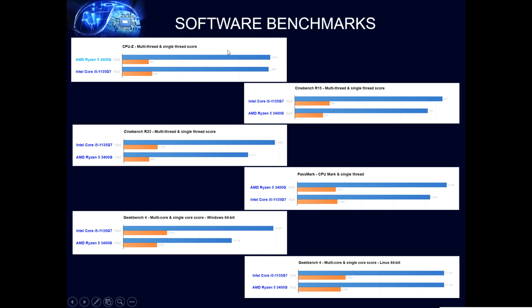As you can see, the Intel Core has a higher productivity performance than the AMD Ryzen 5 according to the different benchmarks used here. Here the Intel Core is the winner.